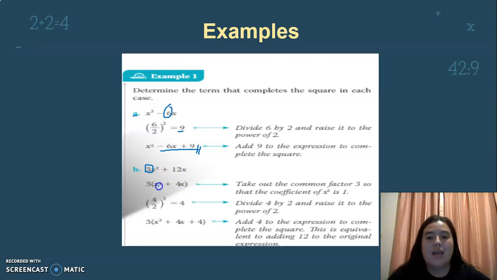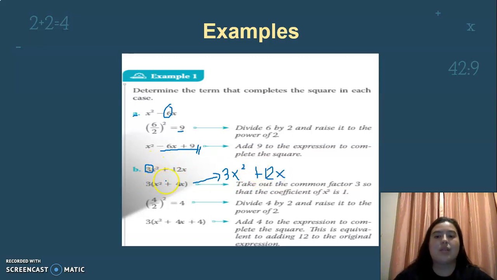So 3 times (x^2 plus a number in the table of 3 that gives me 12, 4, okay, and copy x). If you multiply this, you will have 3x^2 plus 3 times 4x equals 12x. It is the same equation, so this factor is correct, okay?